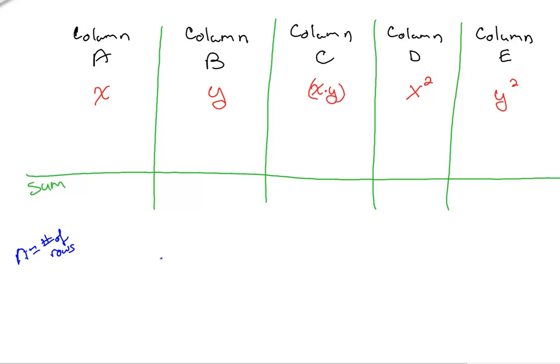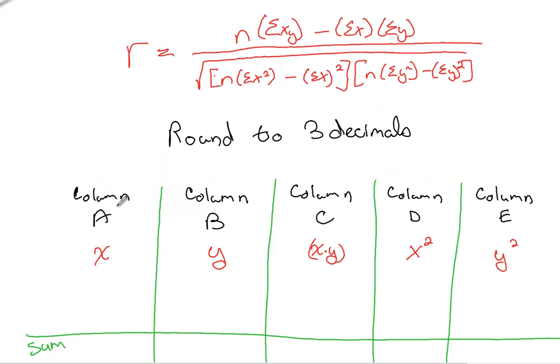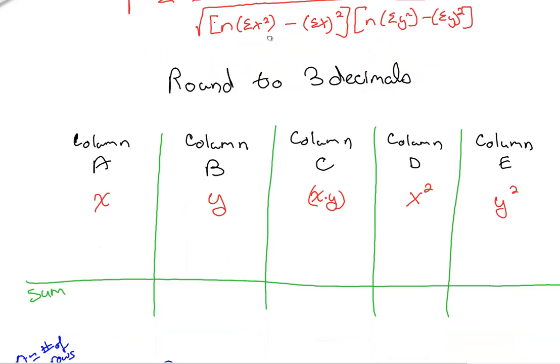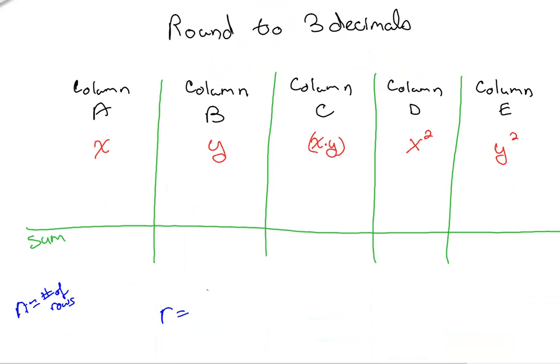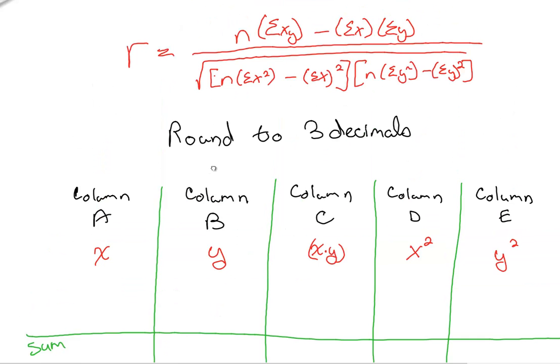So when we look at the formula again, remember I had it up here, and it looks kind of crazy, but n is going to stay in, so I haven't changed that. Then the sum of x times y.